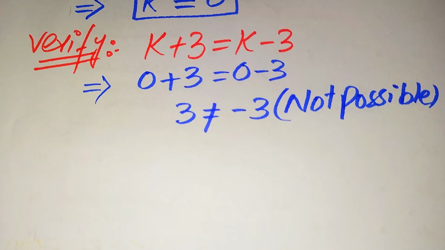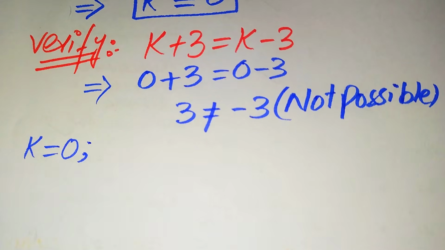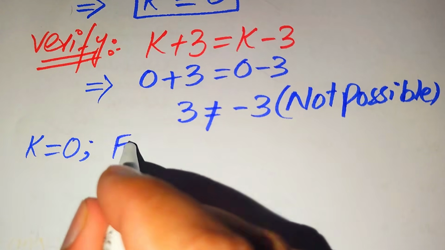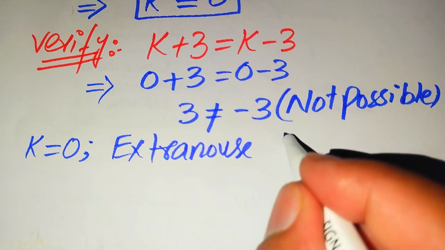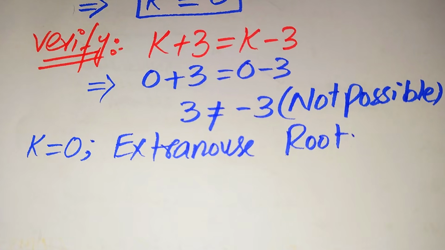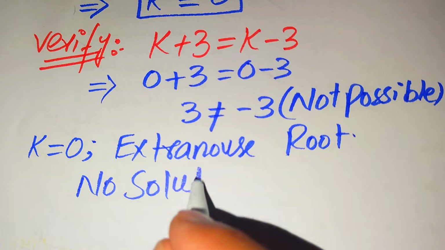So if these two values are not equal, this concludes that the value k is equal to 0 does not satisfy our given question statement, and we call k is equal to 0 the extraneous root of the given equation, because it does not satisfy our given question statement. And further, you see here we cannot get any other value of k which satisfies our given question statement, so we say this question has no solution in general.